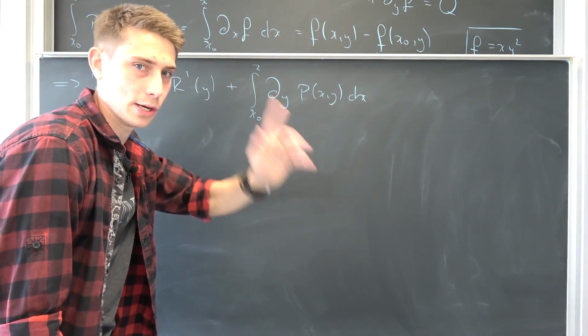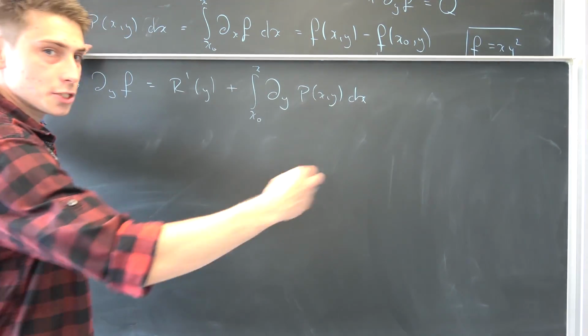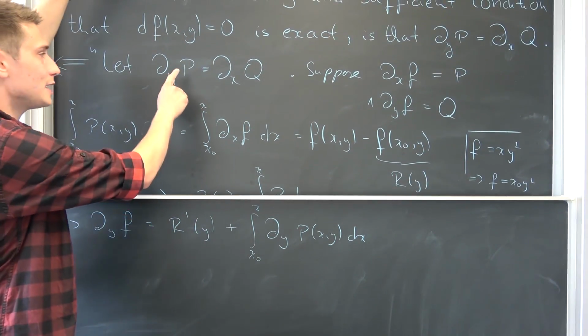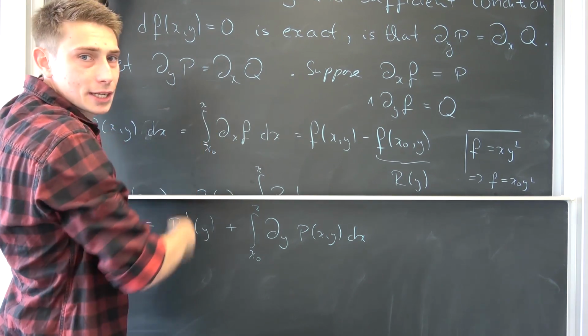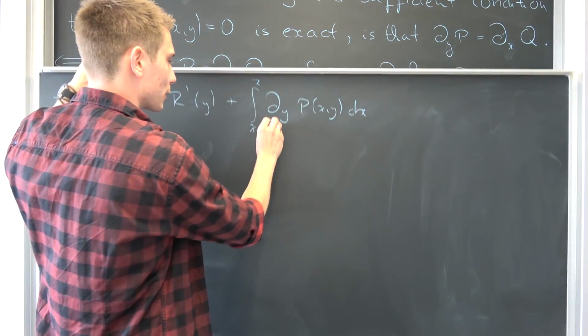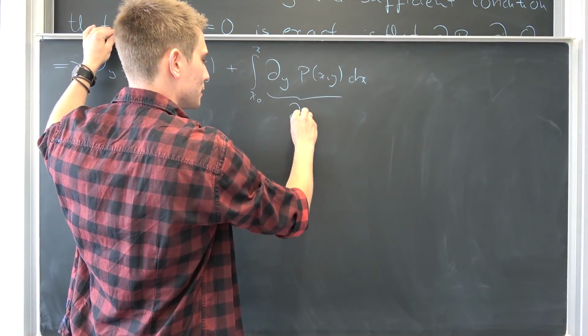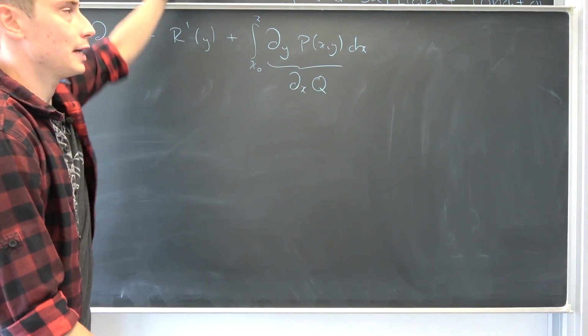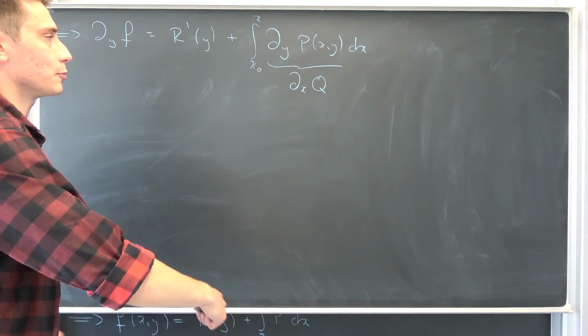And here comes our assumption. You can't do proofs without the assumptions from one direction to another. We exactly said that del y p is nothing but del x q. So this thing right here is actually del x q. Now, how does this help? Well, it's the same procedure as before.